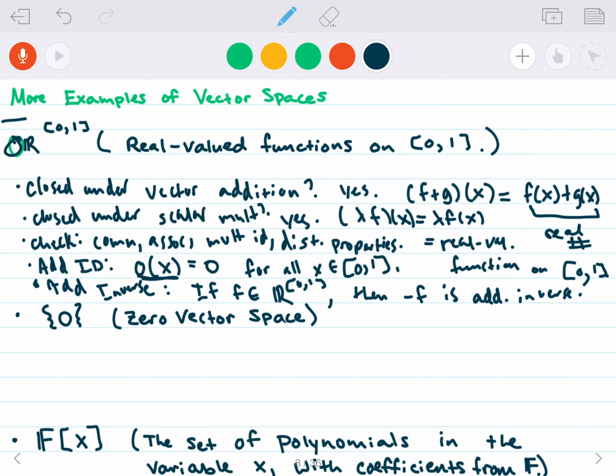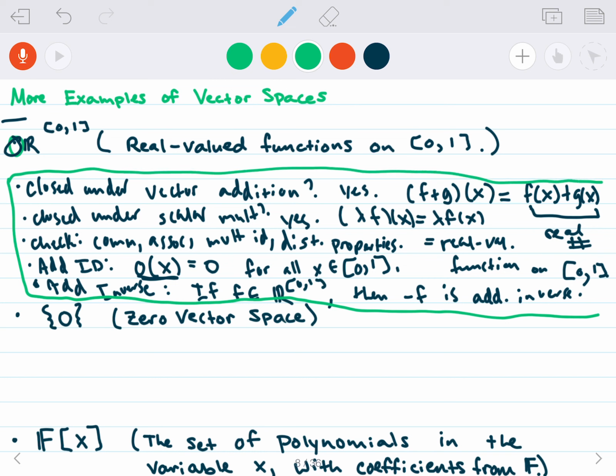Okay, so I'm kind of glossing over some details here, but I would check the commutativity and everything like that just to convince yourself that R to the 0, 1 is indeed a vector space. Now here's a really simple vector space, and it simply consists of the 0 vector.